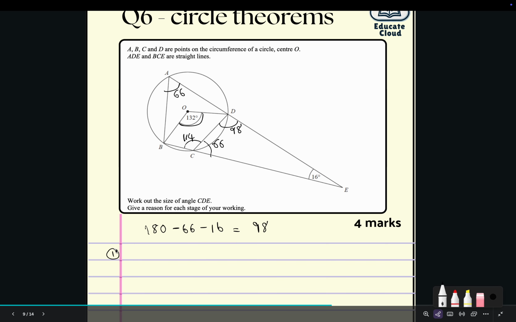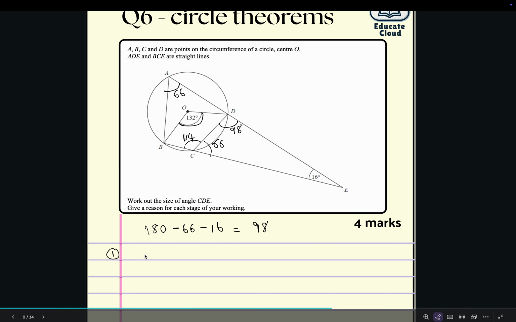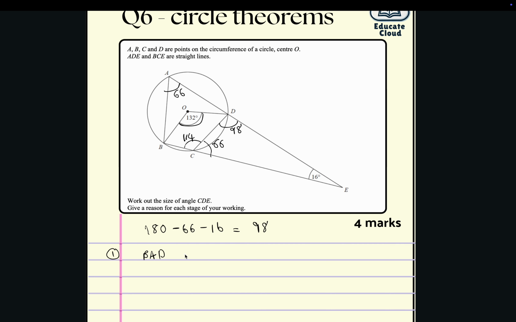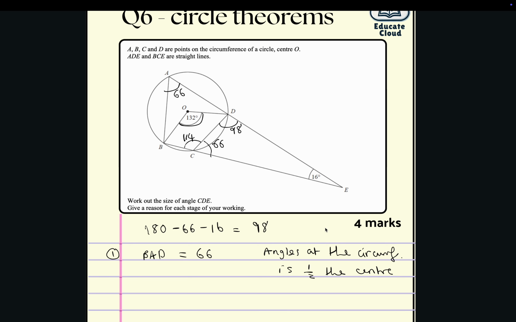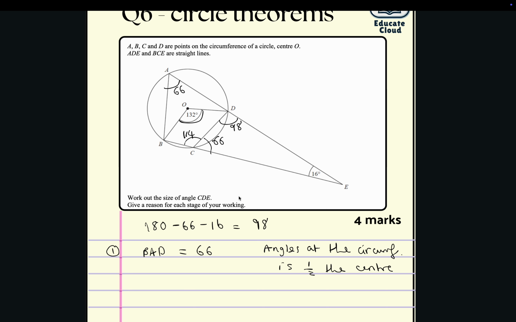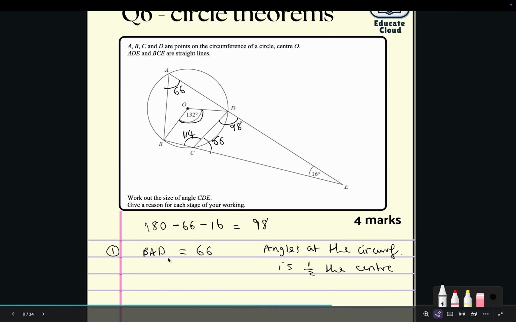So the first thing I'm going to write down, to get all the marks, is that BAD is 66, because angles at the circumference are half the center. Then the next thing I'm going to write is the angles in a cyclic quadrilateral add up to 180.